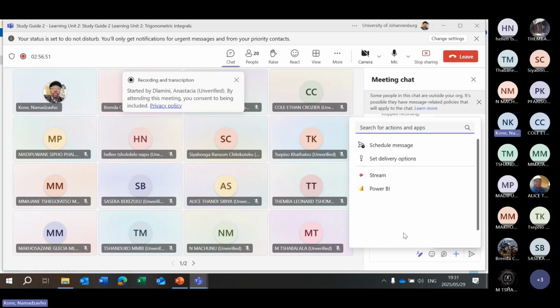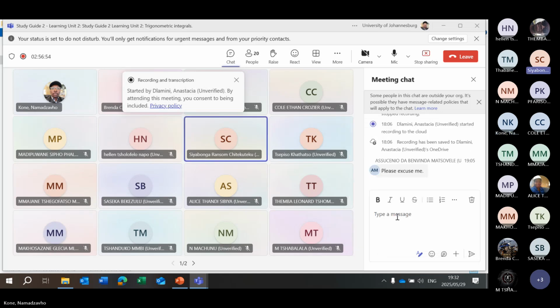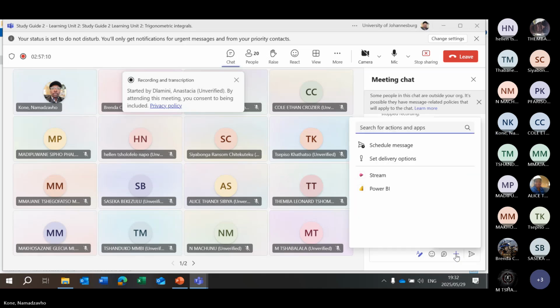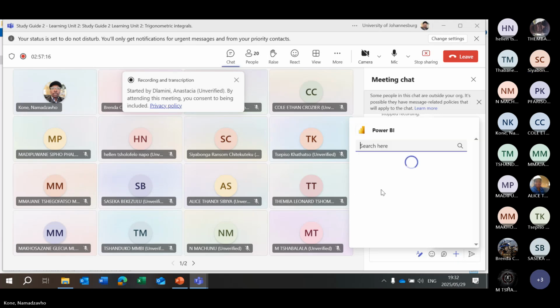Something is not happening here. Click there, sir. Where? Go back to that plus icon at the bottom. This one. Yes. It's not responding. It's on strike. Yes. Then the Power By one. Looks like it's searching.